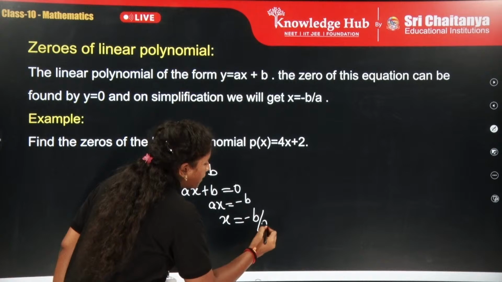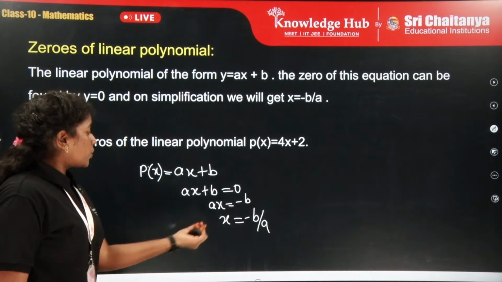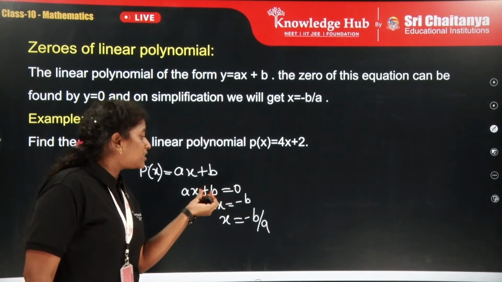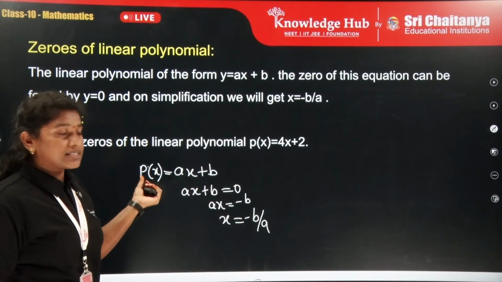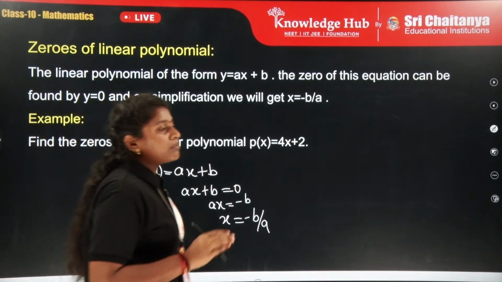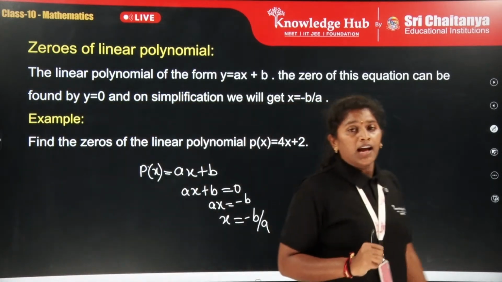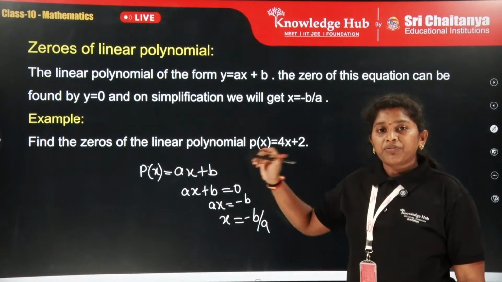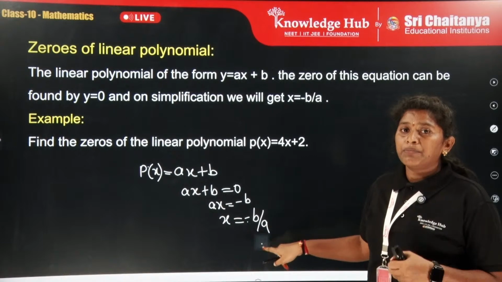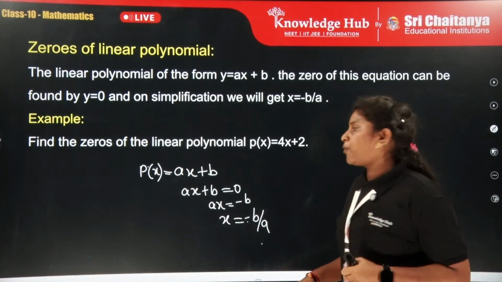So it will become -b/a. So if you take your x value as -b/a and place it in your polynomial p of x, then you will get the polynomial value as 0. So simply remember that for a linear polynomial, -b/a is the value that becomes the zero of the linear polynomial.